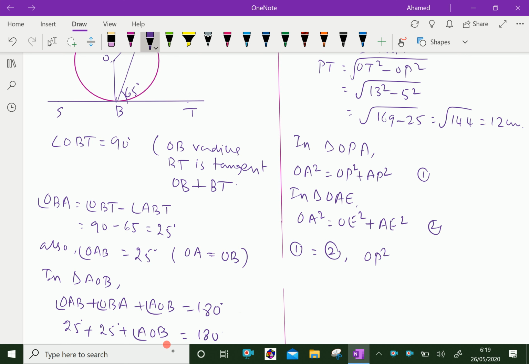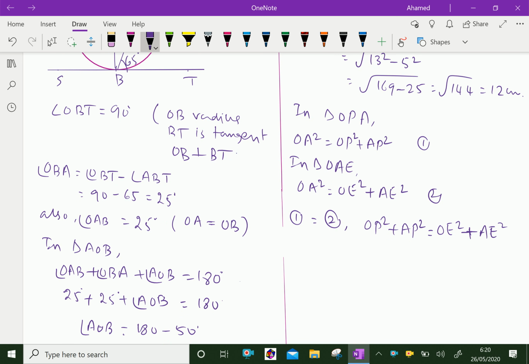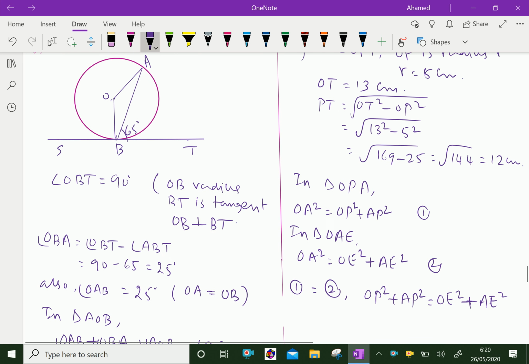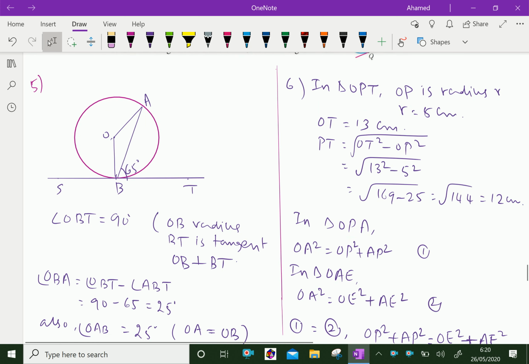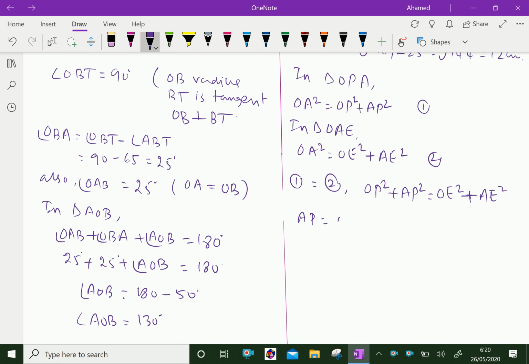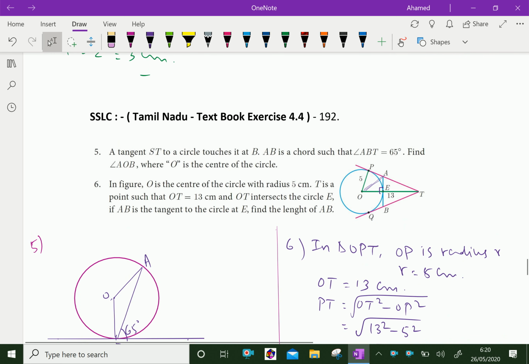Therefore OP square plus AP square equals OE square plus AE square.